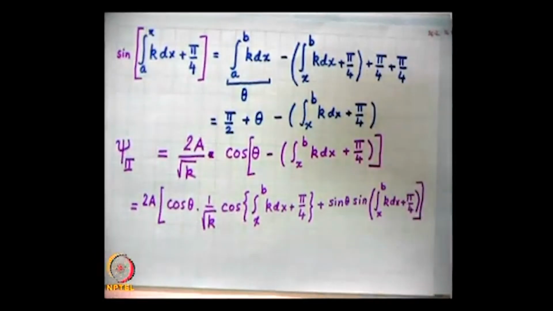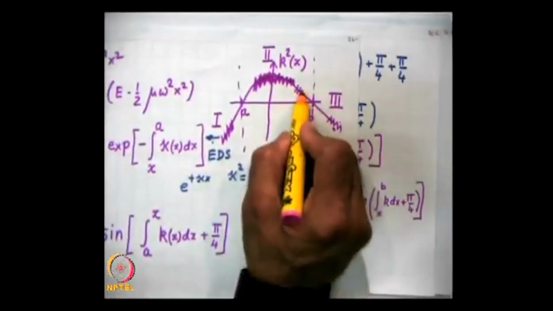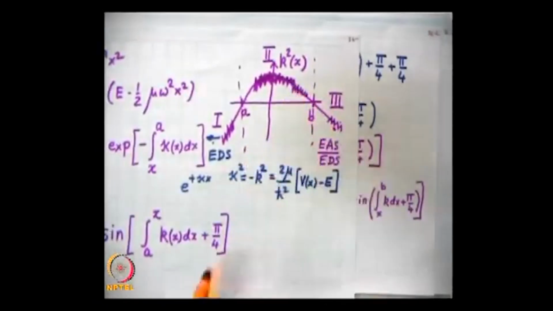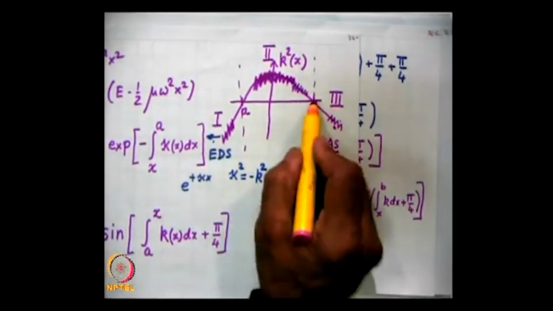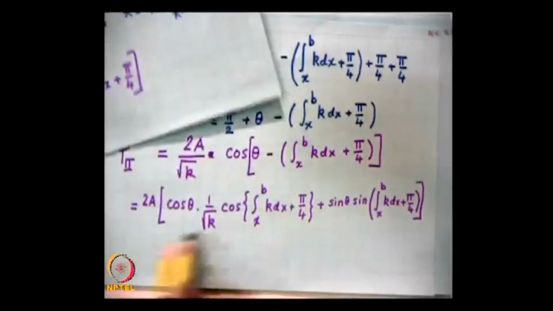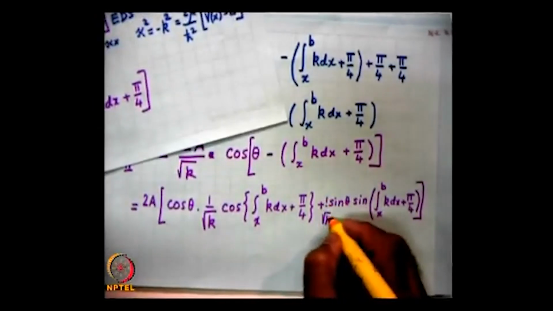Now, therefore, I have obtained the solutions in this region, and here k of x is 0. So, these solutions are really, sorry, there is a 1 over root k factor here.